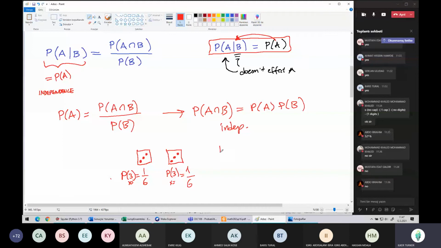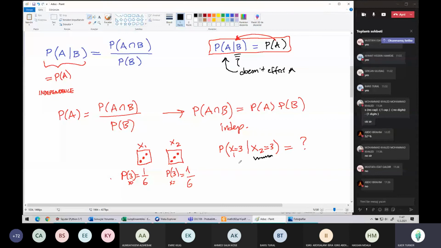So, if you are asked the probability that x1 equals 3, given that x2 equals 3, you know that the second one is 3. What is the probability that the first one is 3?